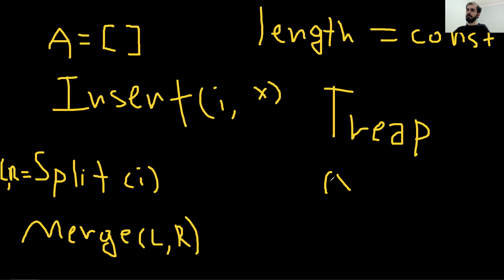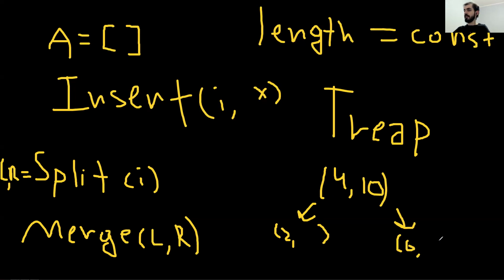For example, we have something like 4 here, and priority is 10. And here we have something like 2, here we have 6, and here, I don't know, 1, 3, and it needs not to be complete, so we may skip 5 here and just write 7.